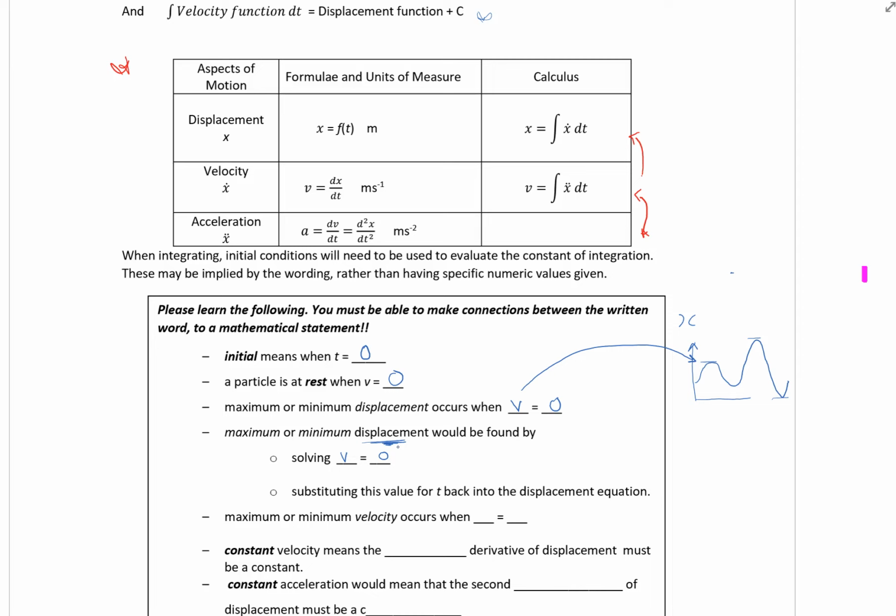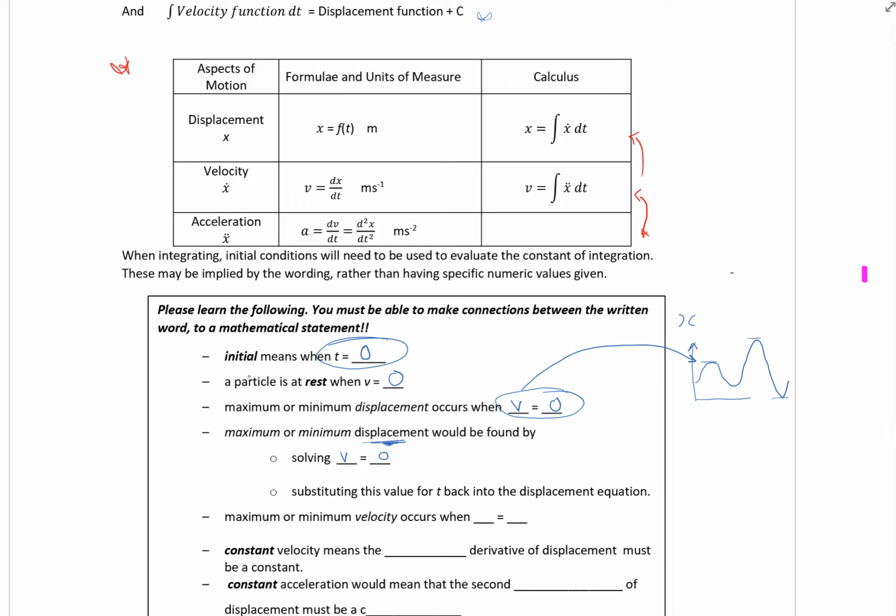Or are you finding out something about the velocity? Or are you finding out something about the displacement? What is it that you're actually finding out when you perform a mathematical operation? And these are mathematical operations. Putting v equal to naught is a mathematical operation. Subbing t equal to naught is a mathematical operation.